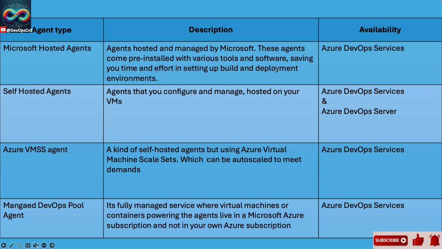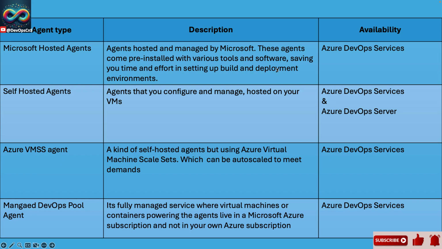So what is the pre-installed software on Microsoft agents? These can be programming languages like Python, Ruby, Java, .NET, Node.js or Go. It can be build tools like Gradle, Maven, MSBuild. CI/CD tools like Docker, Kubernetes, Terraform, Ansible.